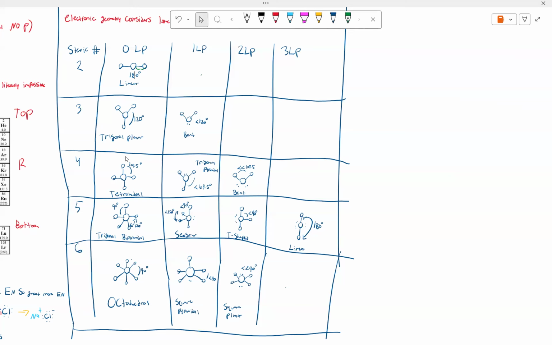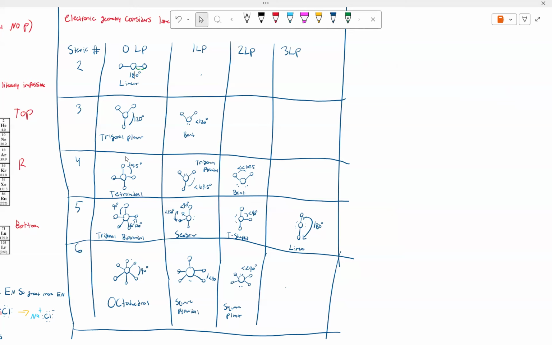When we get to four steric groups, you have tetrahedral, and it has a difference of 109.5 degrees between the two bonded atoms that are attached to the central atom. Then you have trigonal pyramidal, not to be confused with trigonal planar.